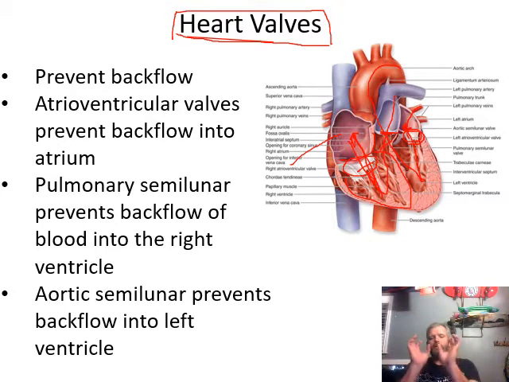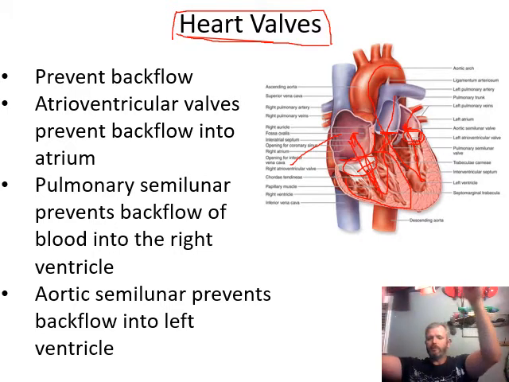When the ventricles contract, they push the blood into those large arteries. When you go to measure your blood pressure, you know your arteries have pressure in them. So the ventricles contract and push blood into the arteries. There's pressure in there, and when the ventricles relax, there's low pressure in the ventricles.